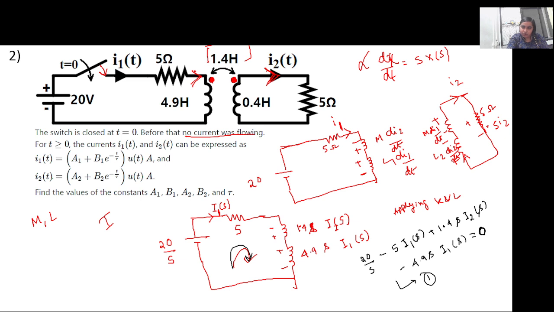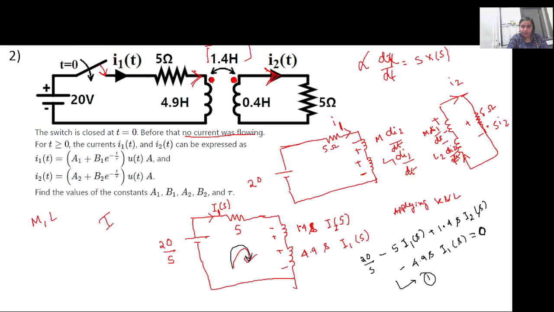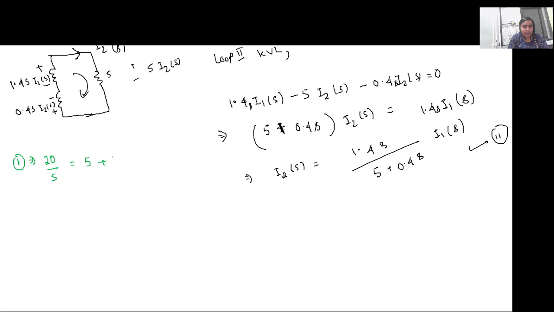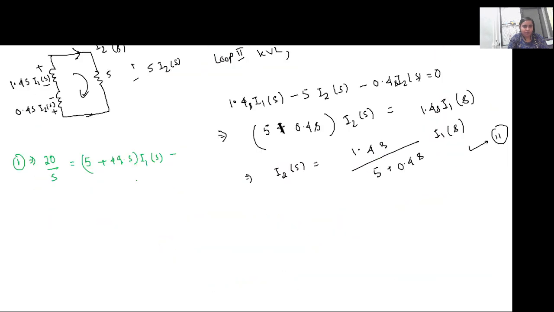If we take common I1, let's take the entire thing on the right hand side. Then we will simplify. 5 plus 4.9 s into I1 minus 1.4 s I2.